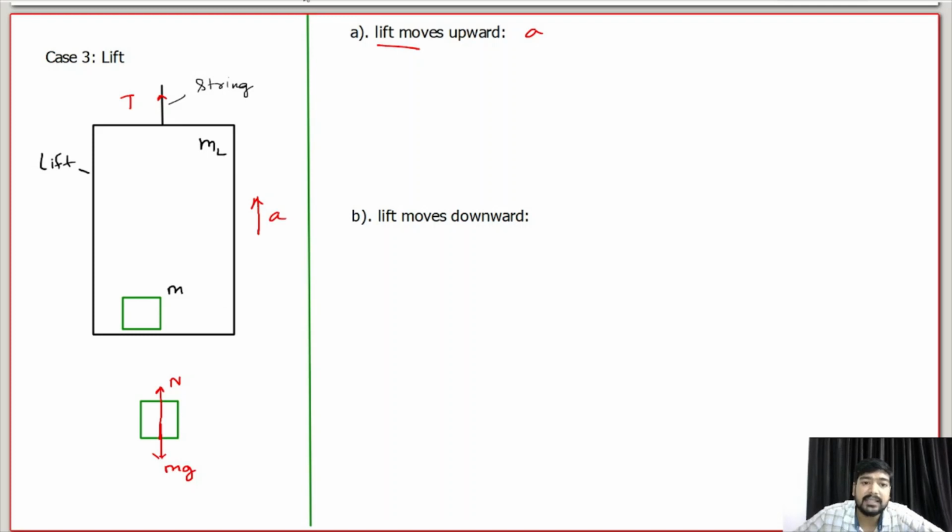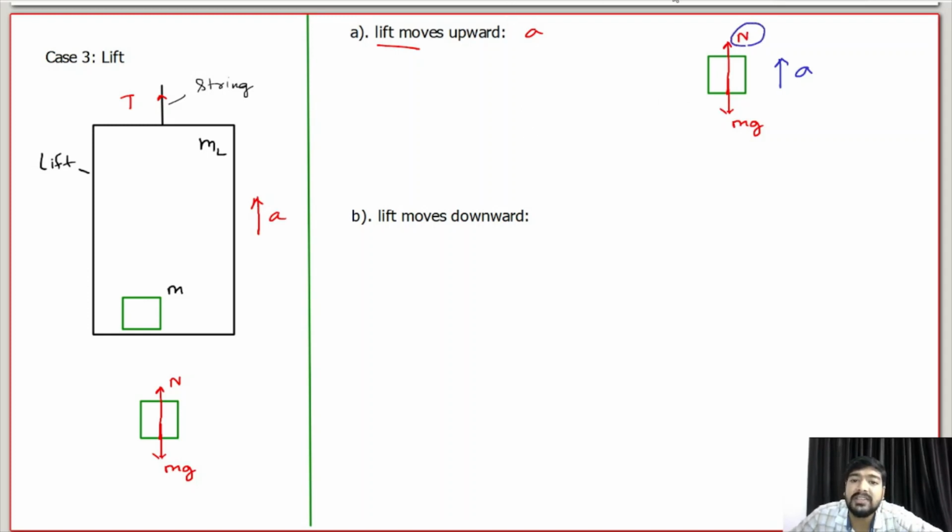Then what happens? This is my free body diagram of the object, and now this is moving upward with an acceleration a. So who is carrying this block small m upward? That is the normal reaction.